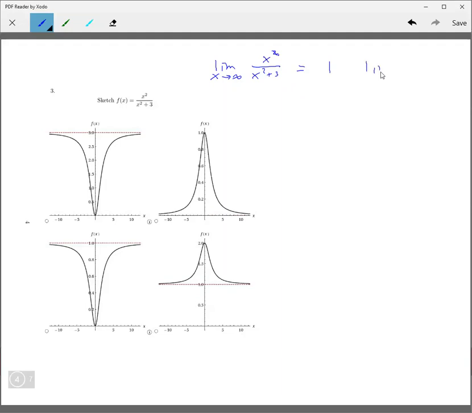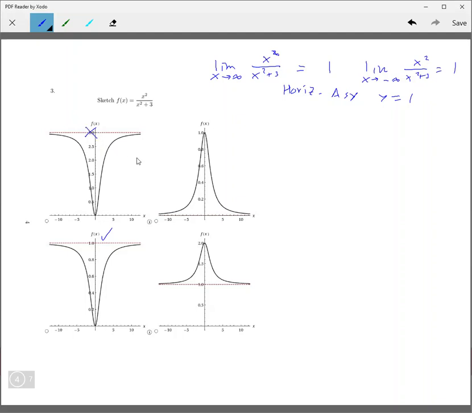And also the limit as x goes to negative infinity of that is also 1. So you're going to have a horizontal asymptote. y equals 1 will be a horizontal asymptote. So that one has it right there.